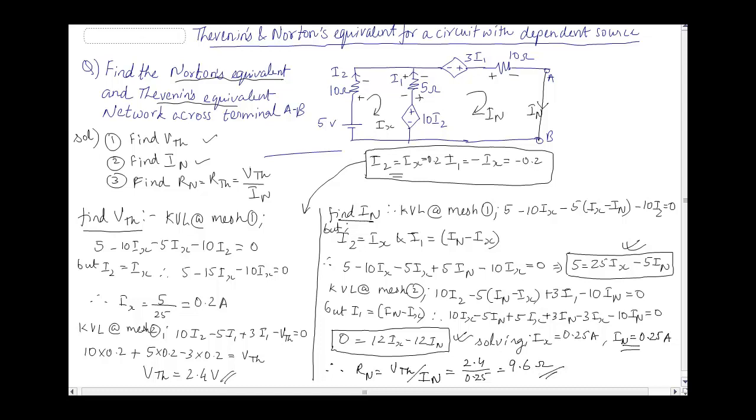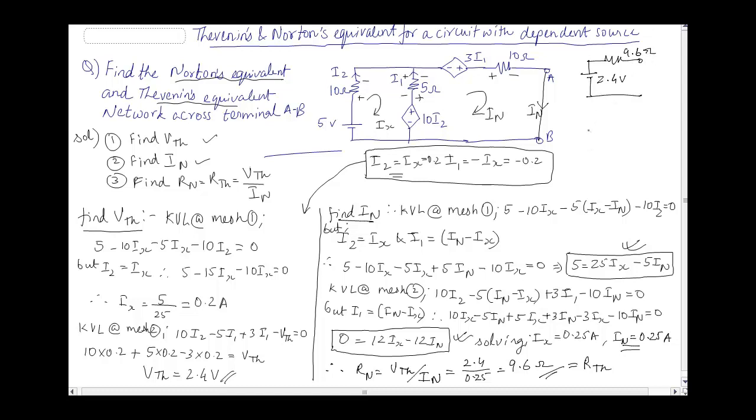So now based on this, what will be the Thevenin's equivalent? Okay, the Thevenin's equivalent will be a voltage source which has a value Vth, which is 2.4 volt, and the resistance, which is 9.6 Rth. Okay, Rn is same as Rth. So it is 9.6 ohms.